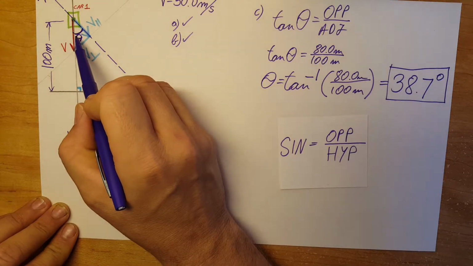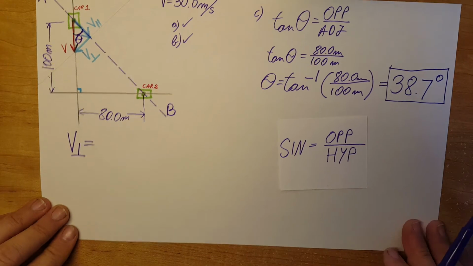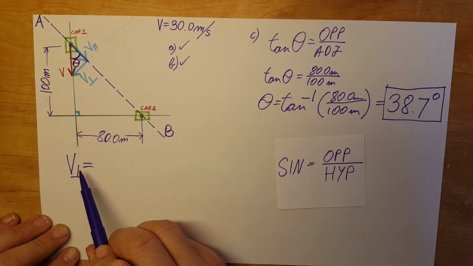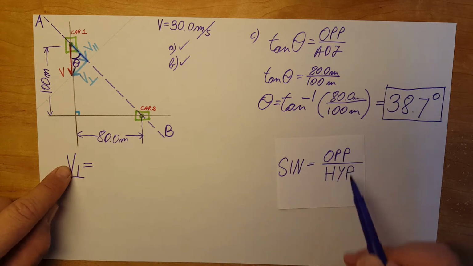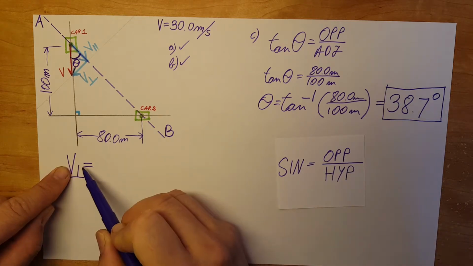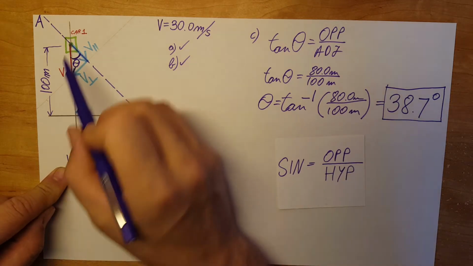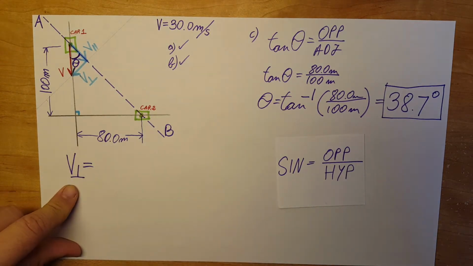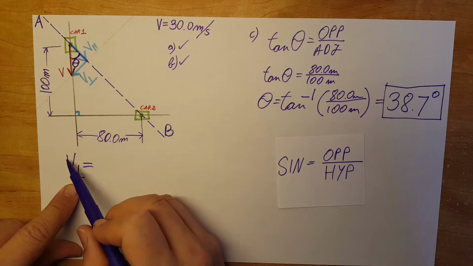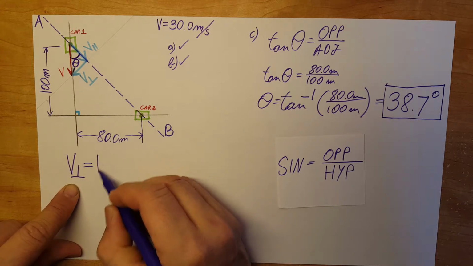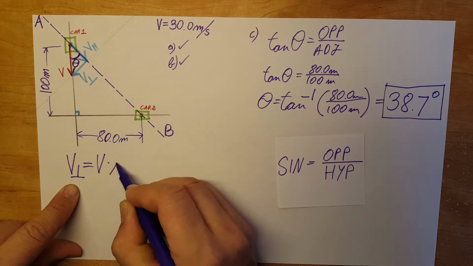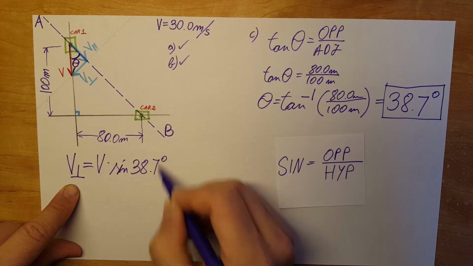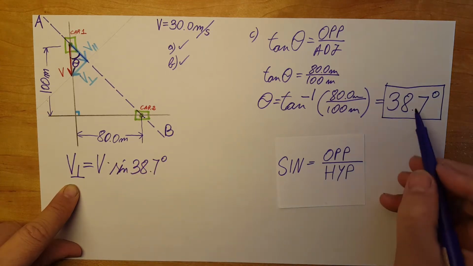And using theta with sine, instead of opposite and hypotenuse, we're gonna use the perpendicular, and we're gonna use our V. So we're gonna just go ahead and solve for it straight. So V perpendicular equals V times sine of 38.7 degrees, the one that we found earlier.